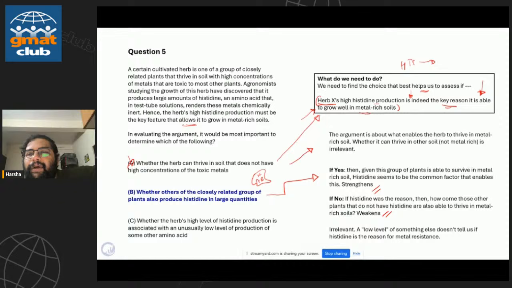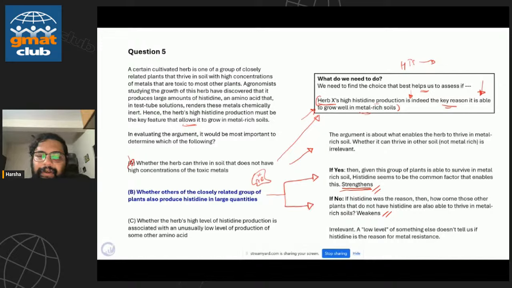All of them are absolutely killing it in this metal rich toxic soil. What is common to all of them now? Histidine. So that builds the case that perhaps it's really histidine, the factor that enables all of these plants to grow well in metal rich soils. So, if anything, this should strengthen your belief in the argument. Now, take it the other way.